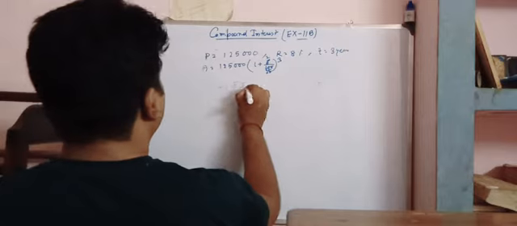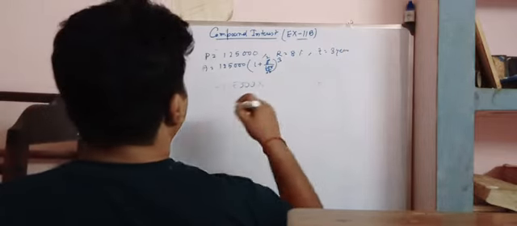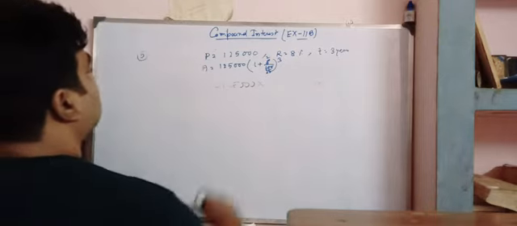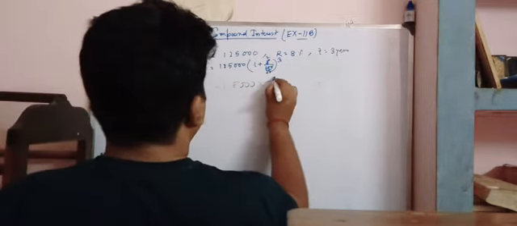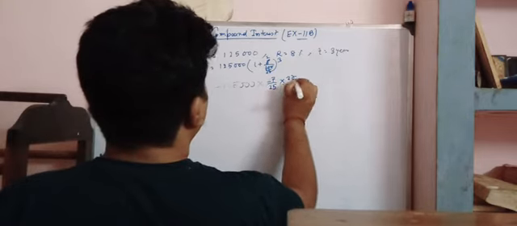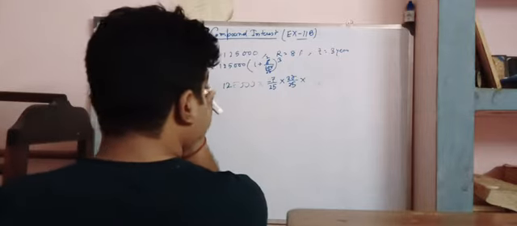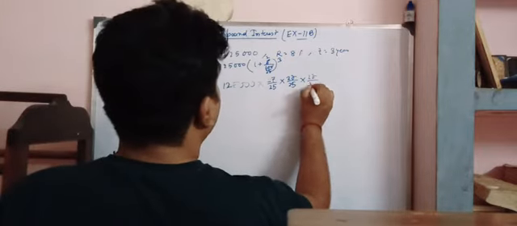The 12500 into this is 27 by 25 into 27 by 25. This is 125. 27 by 25.